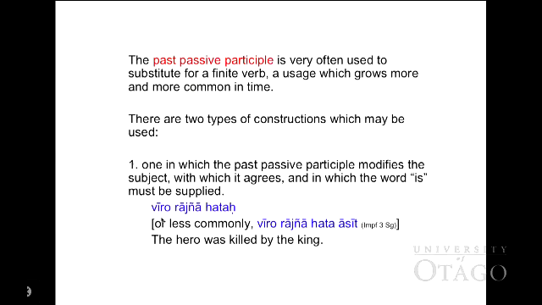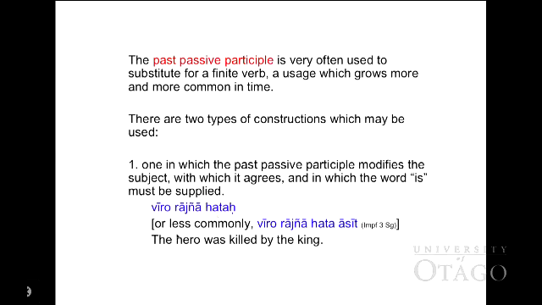So, vīro rājñā hataḥ. Vīro comes from vīraḥ, nominative, singular, masculine. Rājñā, instrumental, singular, masculine. Hata, PPP, from the verb han, meaning kill. So hata is "was killed".